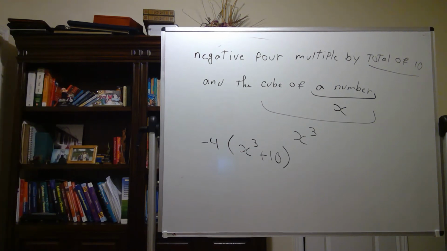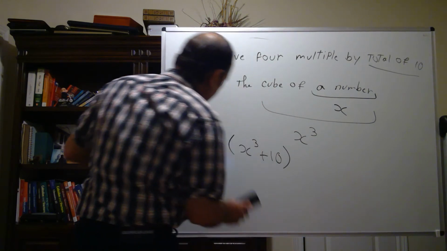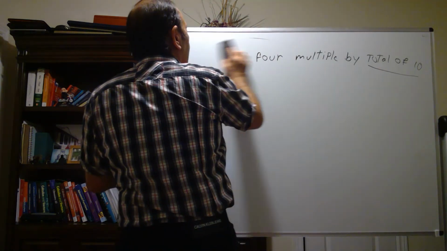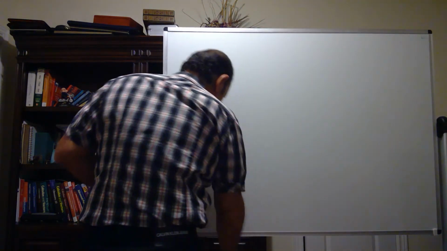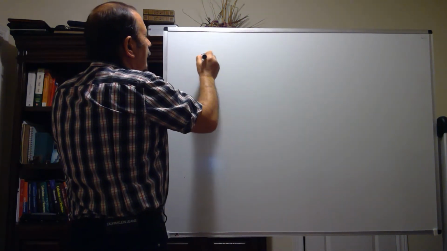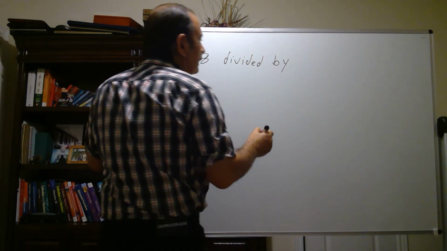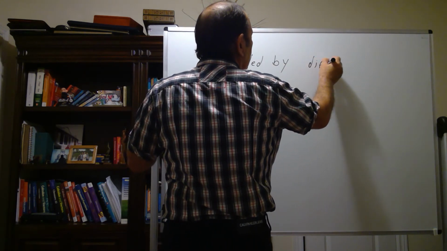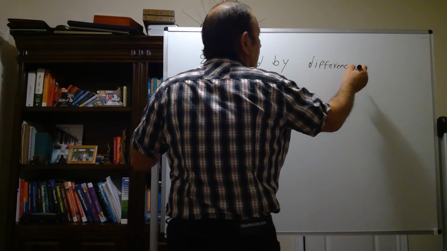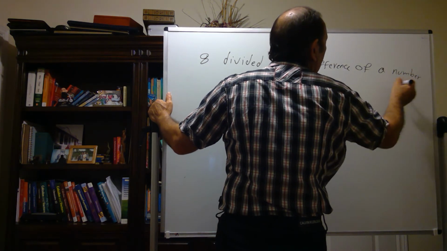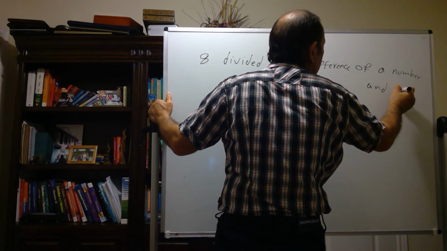Let's do one more example. Eight divided by difference of a number and 6.